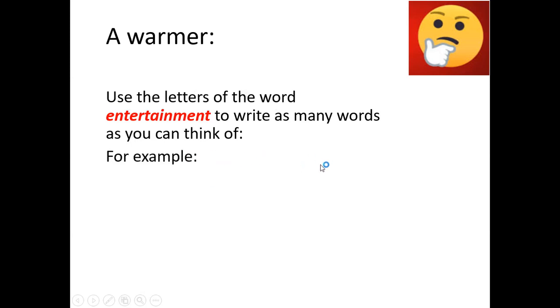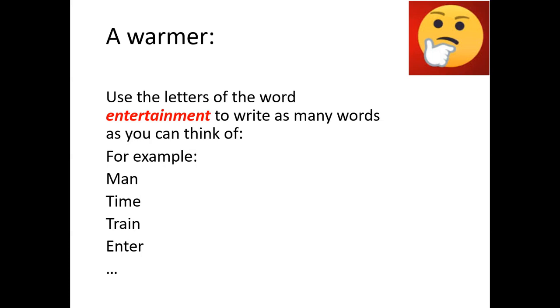For example, man. So man, it's M-A-N. Or time, T-I-M-E. Or train, T-R-A-I-N. Or enter, enter here, okay, etc. Remember, you cannot write a word with a letter that is not here.